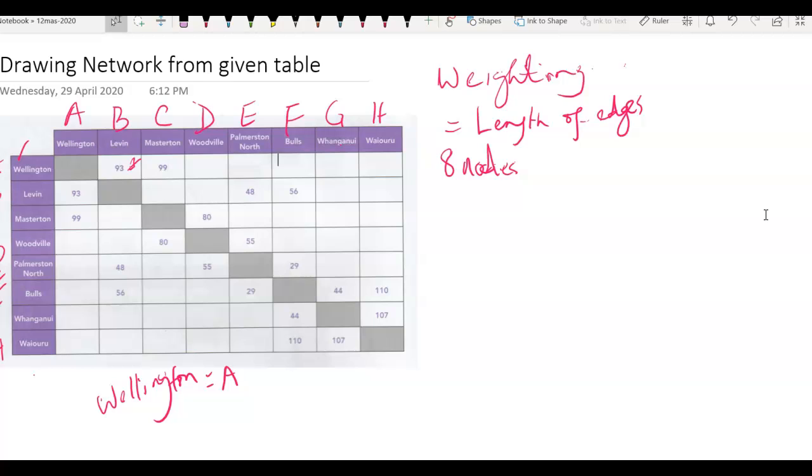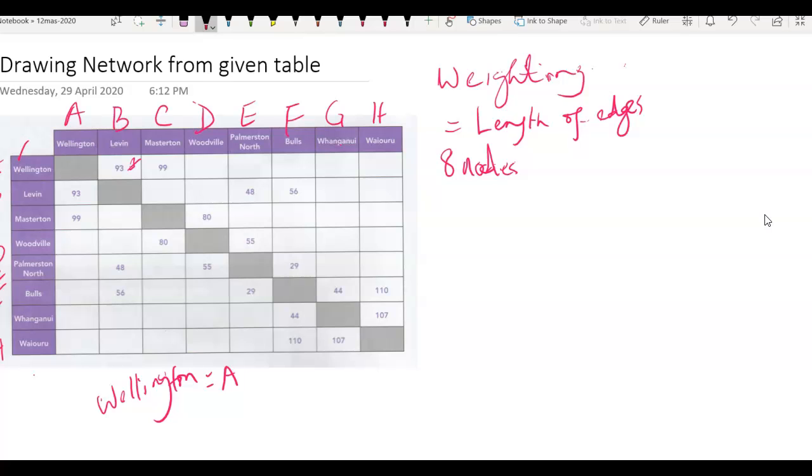Okay, now once we have that, we got to think about the position of the cities. It's not easy, once again, but one thing I can notice is that Wellington is connected to only two towns and cities, Levin 3 and Masterton 2.